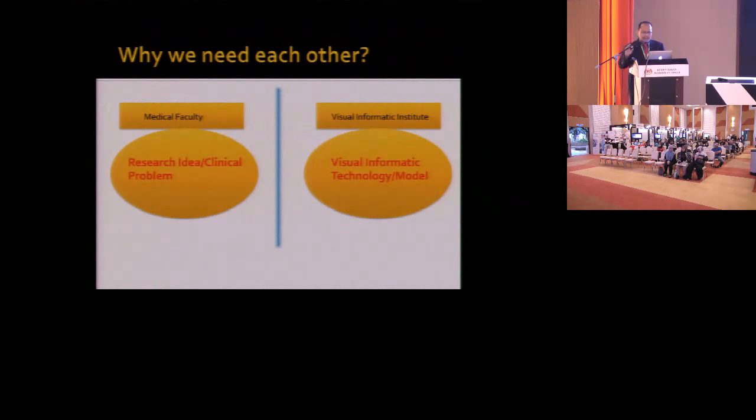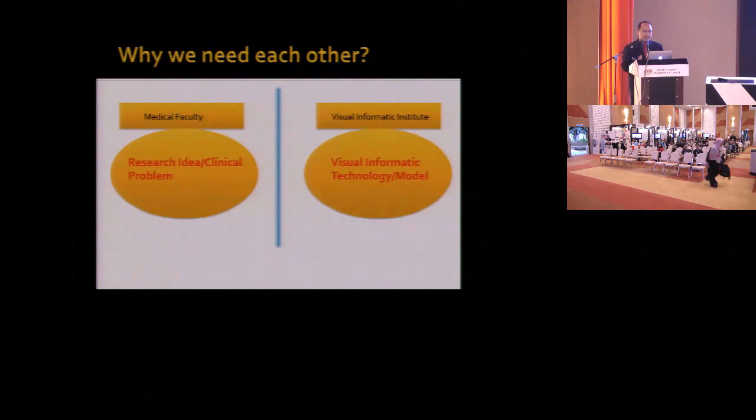So why do we need each other? Why is collaboration, not only with visual informatics but also other information technology or even engineering, important to work together with medicine? If you look at the slide, I just put a line between the medical faculty or medical fraternity and the Visual Informatics Institute.